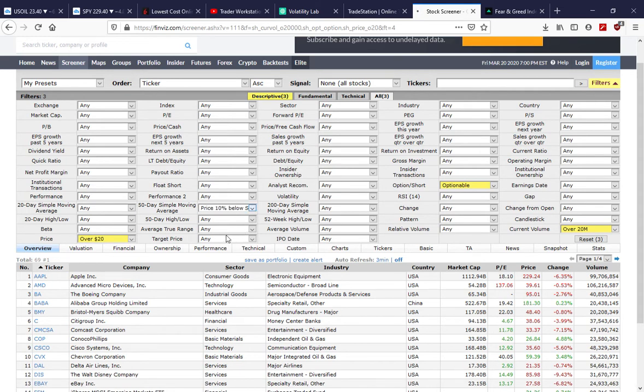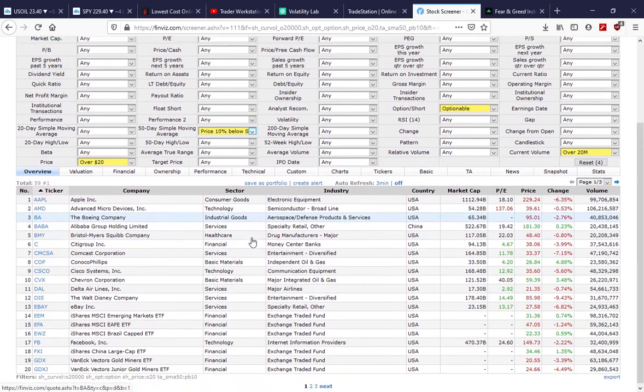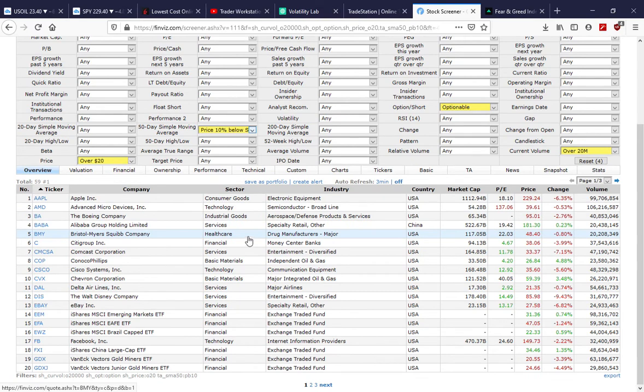If it's bearish, you want to look at ones that are 10% below the 50-day. So there's price above $20 for options. You don't want to trade anything with a price less than $20. Price 10% below the 50-day MA or whatever.